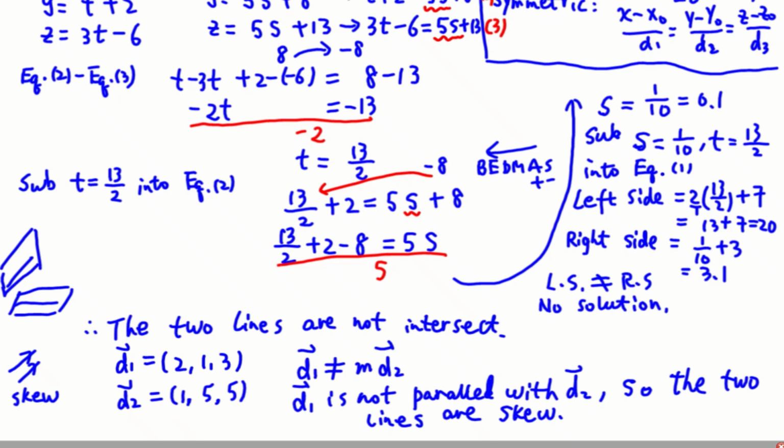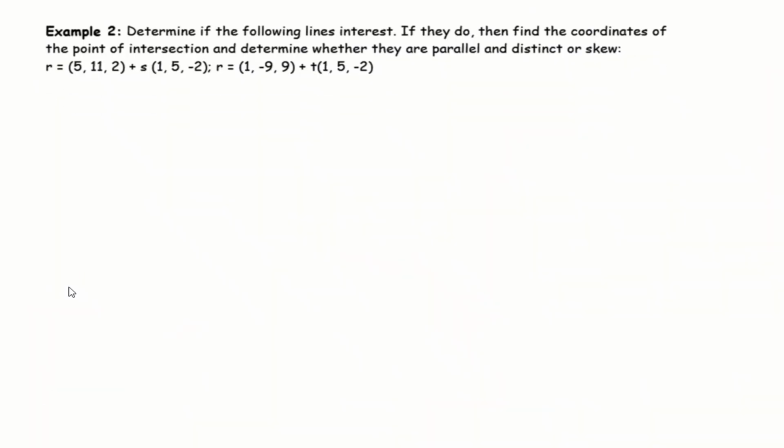Okay. And now we are going to see another example. Example 2. So it asks you to determine if the following lines intersect or not. If they do, then find the point of intersection.